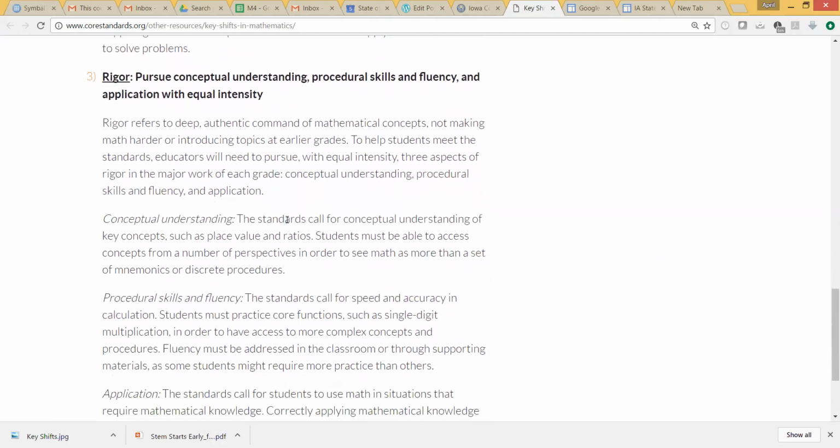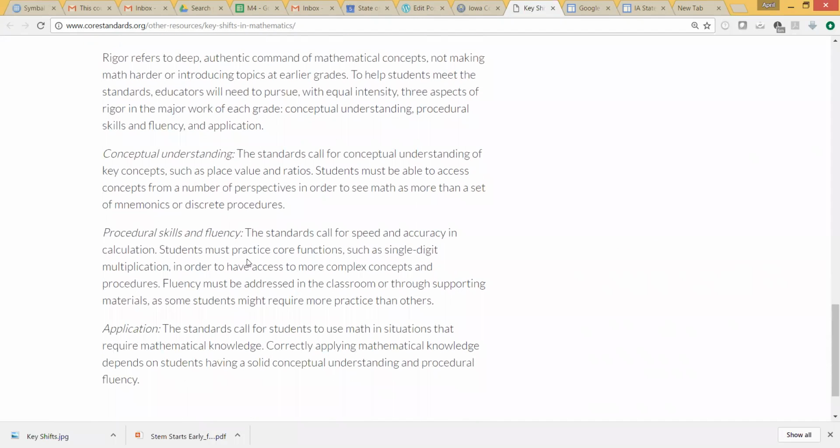So they need conceptual understanding so that they know what those key concepts are. They need procedural skills and fluency, because we want students to, as they learn higher mathematics, not get stuck on the larger numbers. And so under conceptual understanding, if they understand number sense, then that will be easier for them to recall, and that will not be a hindrance for them when they learn higher concepts.